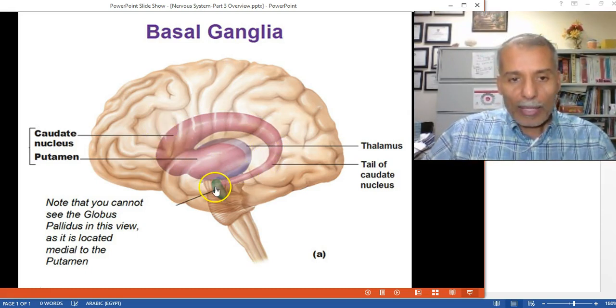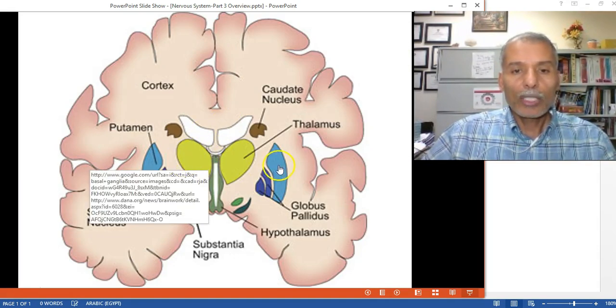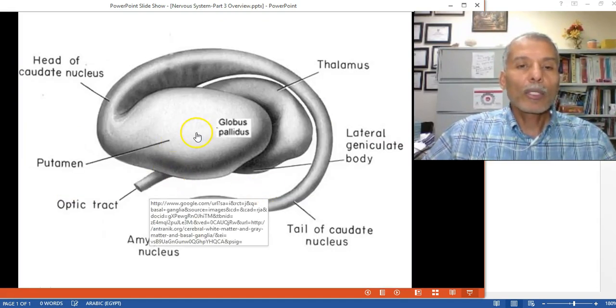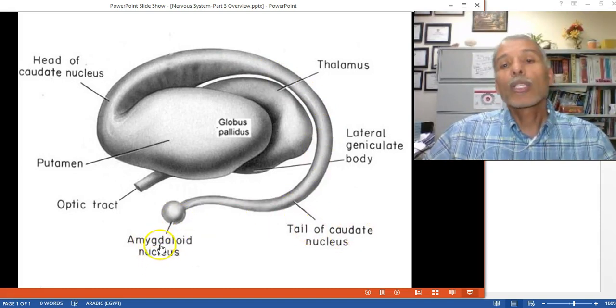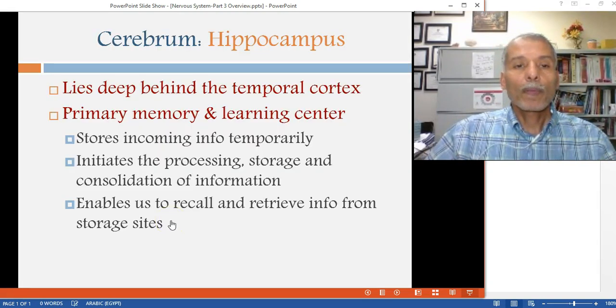If you cut that, then this is what you would see. You would see pieces of them. And here's again the globus pallidus and putamen, head of the caudate nucleus, and then tail of the caudate nucleus, and then the amygdaloid nucleus, or the amygdala, or the amygdaloid body.